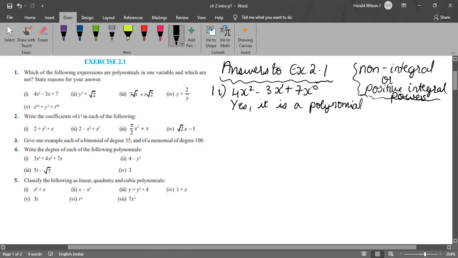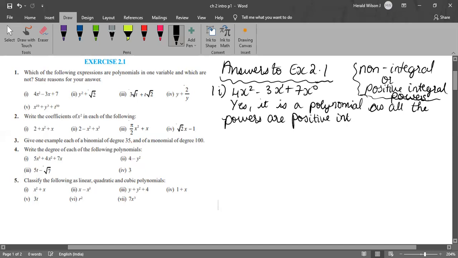So yes, it is a polynomial since all the powers are whole numbers, positive integral powers. So you can say yes, it is a polynomial as all the powers are nothing but positive integral powers.